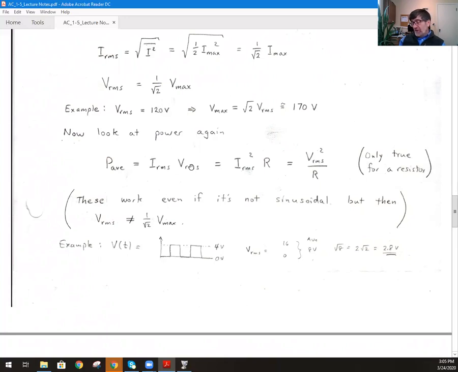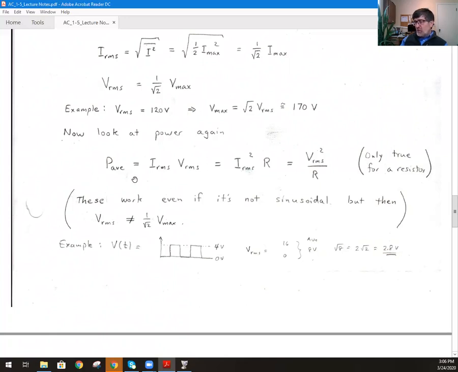When you read on some device that it's meant for 12 volts AC, that means 12 volts RMS. VAC is a way of just saying VRMS. They very rarely write it as RMS. It's usually just written as AC. But essentially, that's what you'll always see. That's the way it's always quoted.